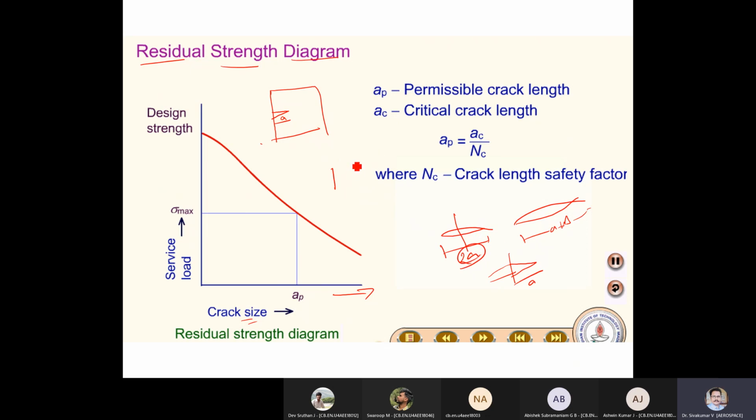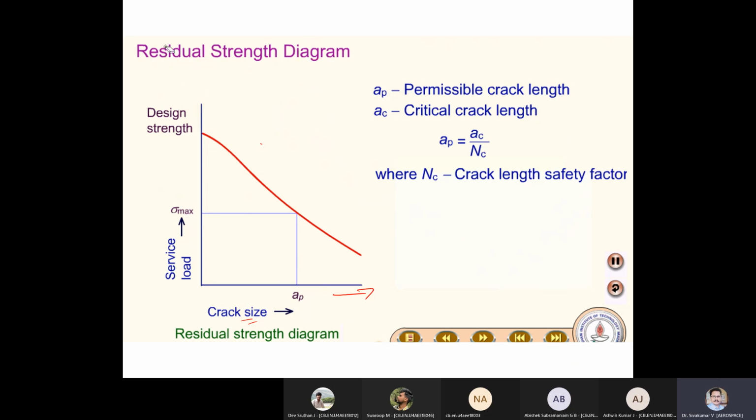These are all the preliminaries before we enter this discussion. This residual strength diagram is a very important diagram. This is design strength.